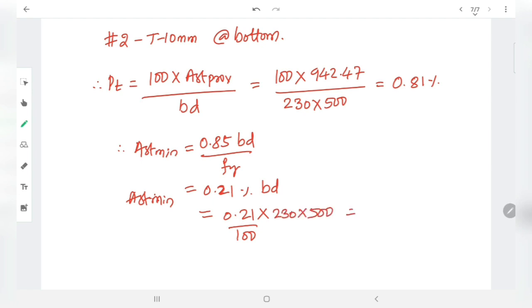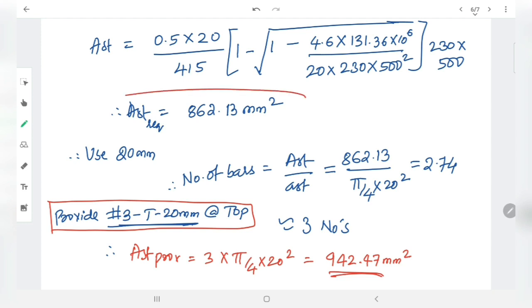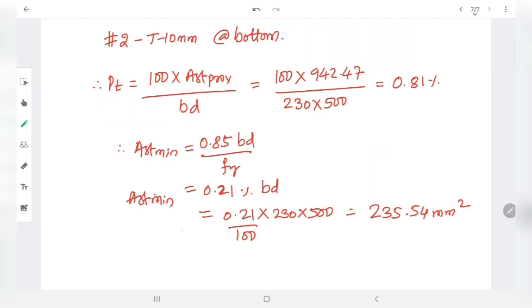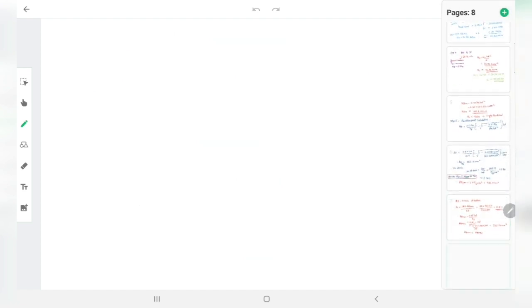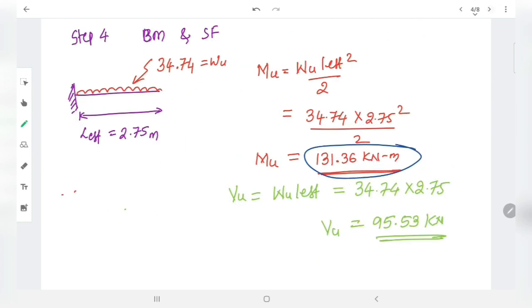You may get a value around 235.54 mm square. This is the minimum reinforcement required. But our reinforcement value is greater. AST minimum is less than the AST value which we got, so there is no need to change the reinforcement. The percentage provided is more than the percentage required, hence no need to change. So the next step is step 6.